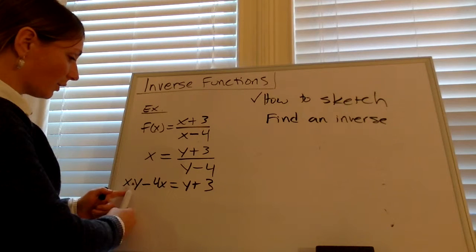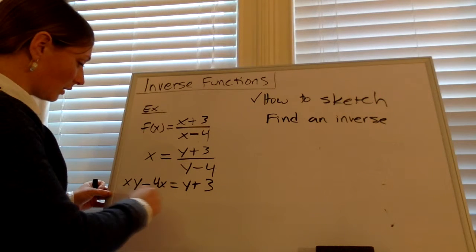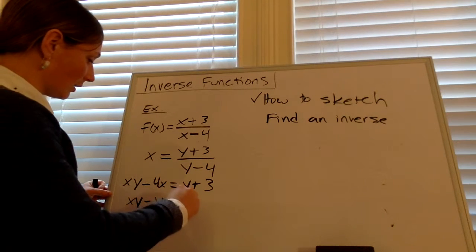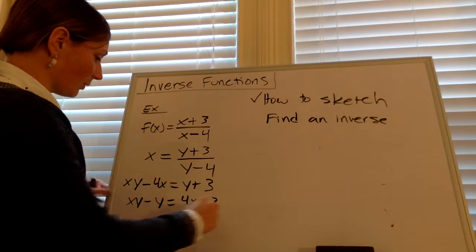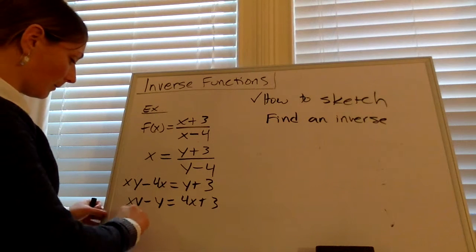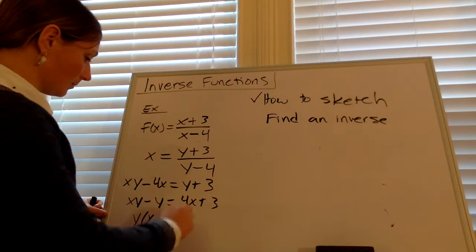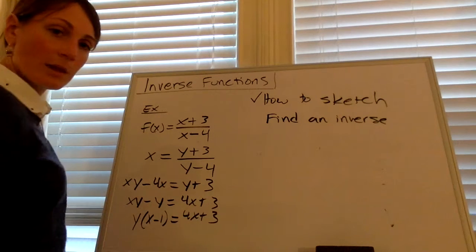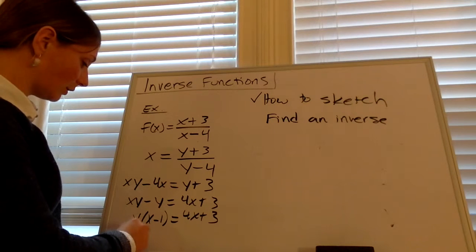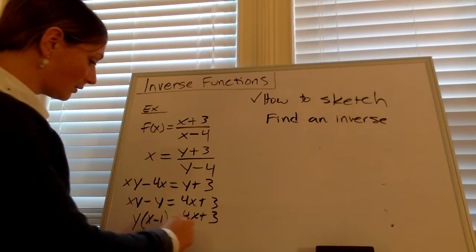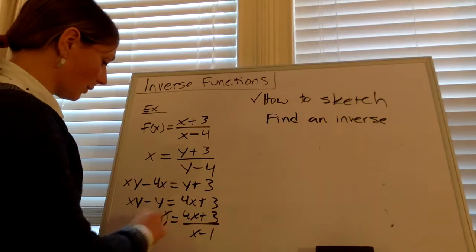Then I'll bring the y terms together. xy minus y is 4x plus 3. Move the 4x over. Okay. We factor out the y. And then we have our function. Right? So now y is (4x plus 3) over (x minus 1).